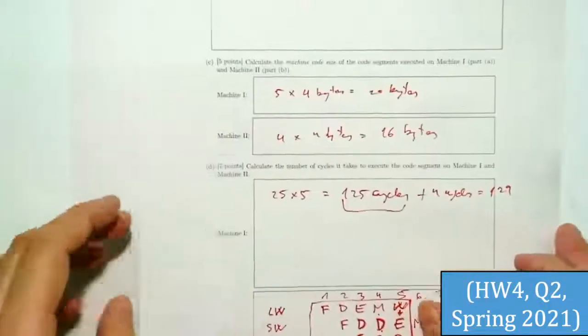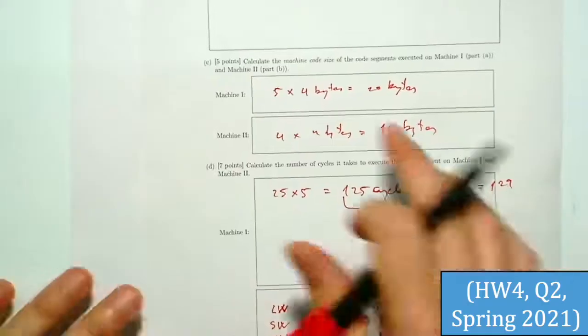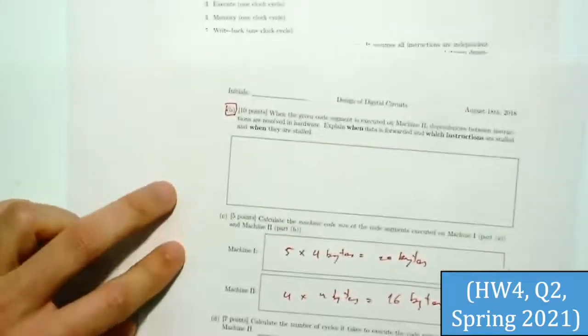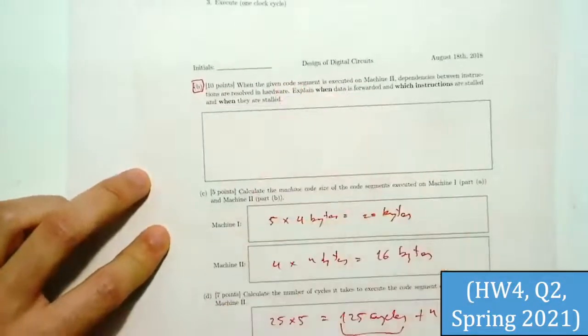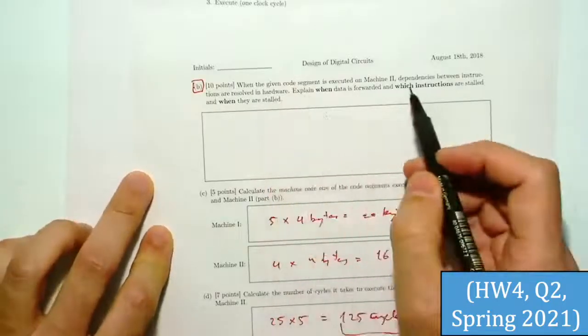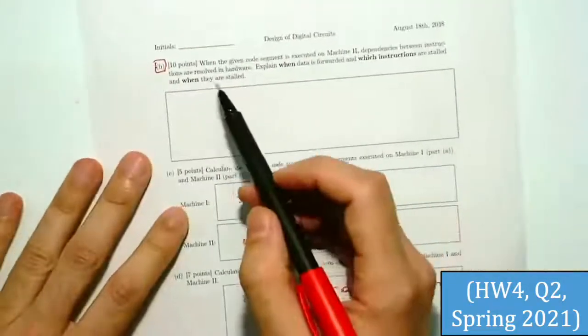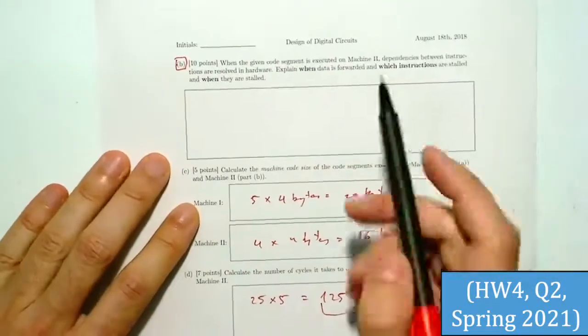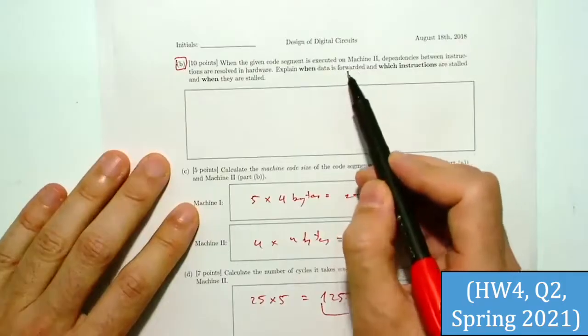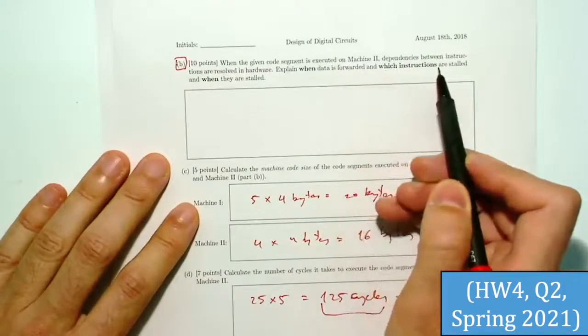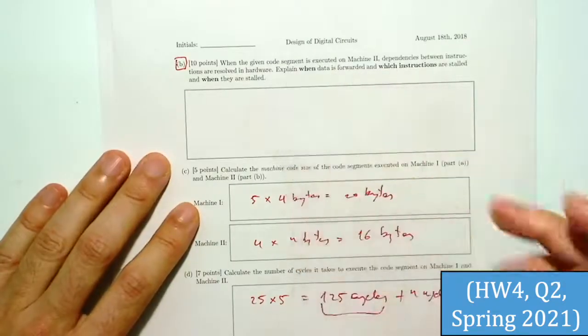So, the last question, I left this to the end because once we solve all these questions, it's very easy to solve. When the given code is run on machine 2, dependencies between instructions are resolved in hardware. Explain when data is forwarded and which instructions are stalled and when they are stalled.